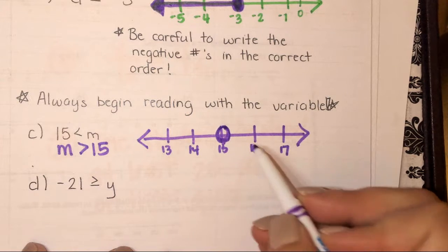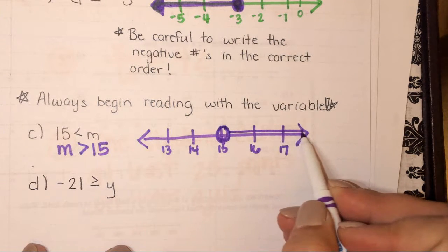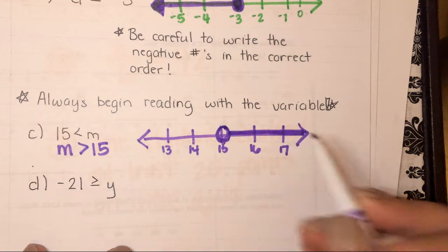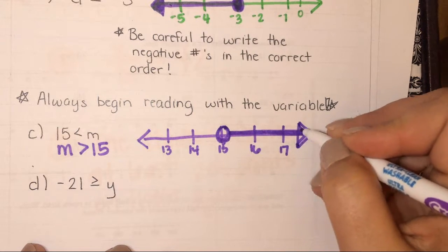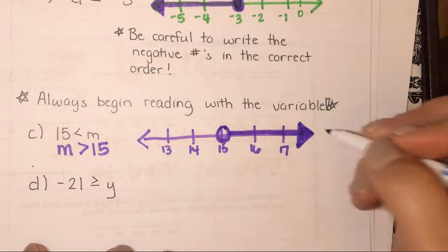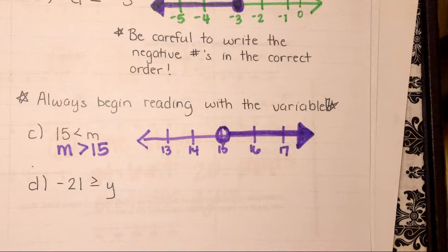Right. To the right, because it is everything greater than 15. And your arrow. So you determine if it's either greater than, or either way it goes to the left or right from the sign? Yes, ma'am. And the sign kind of gives you a hint because it's going to point the direction you're supposed to shade in. Yeah.